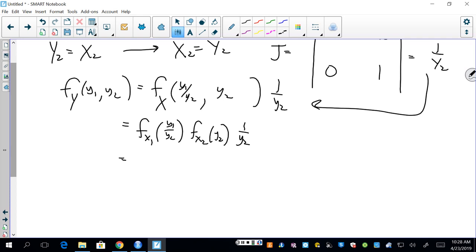When we put them all together, there was a 24 out here, and then there's an x1 times 1 minus x1, and then an x2 cubed, and we're putting the y2 in there. And there's an extra 1 over y2 down there from the Jacobian, from the derivative parts up there.